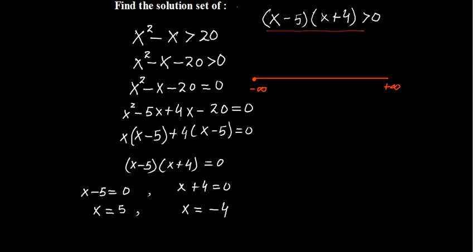How? We are going to discuss over here. Let me mark the roots on the number line, as we have two roots, minus 4 and 5. So minus 4 must be lying somewhere here and 5 must be lying somewhere here.